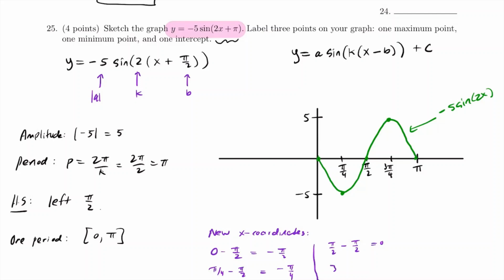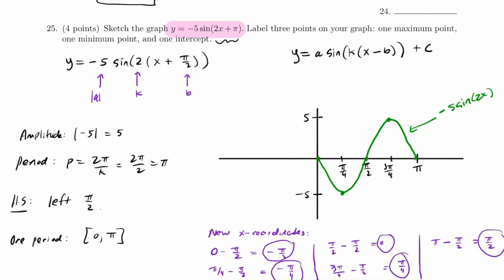And then 3 pi over 4 minus pi over 2 is just pi over 4. And the last point, pi, goes pi over 2 units to the left, so that will be pi over 2. So these are the new points. Let me just circle them for you. These are the points once we shift them pi over 2 units to the left.